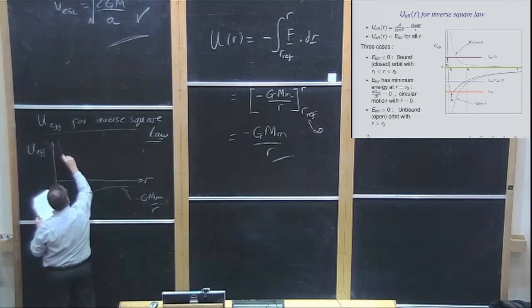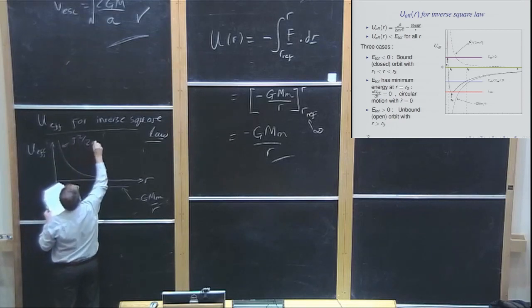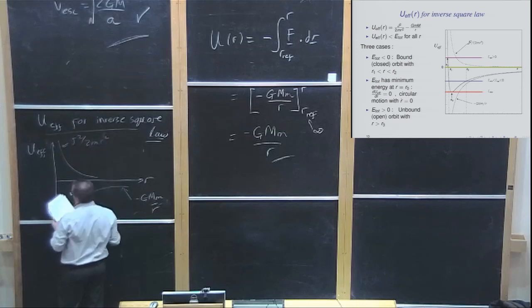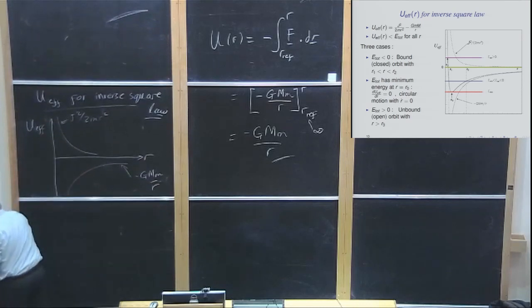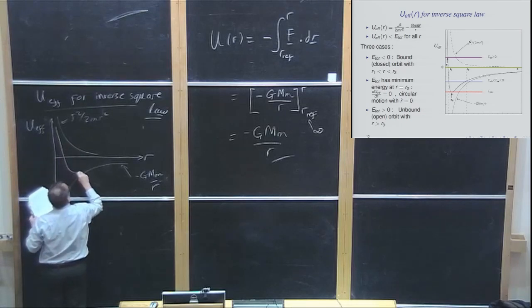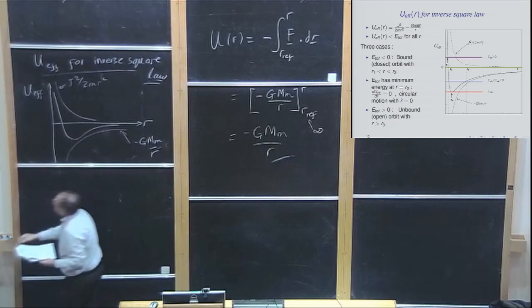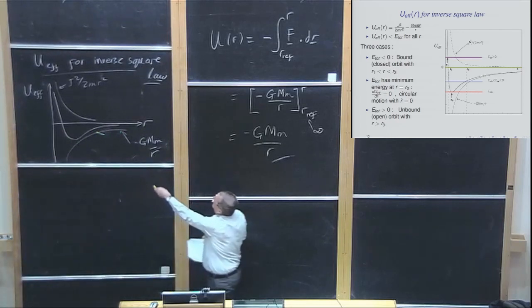So this goes down like this. So this is the J squared over 2mR squared. So if we add these together, we get our total effective potential here.